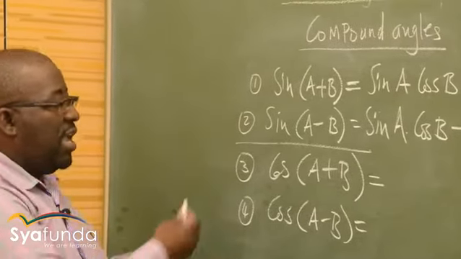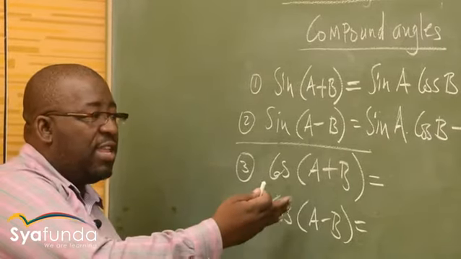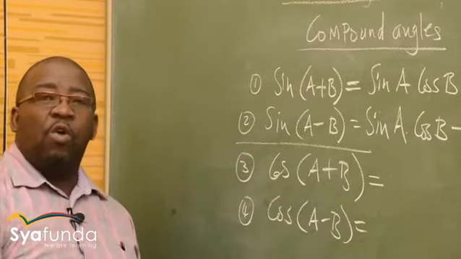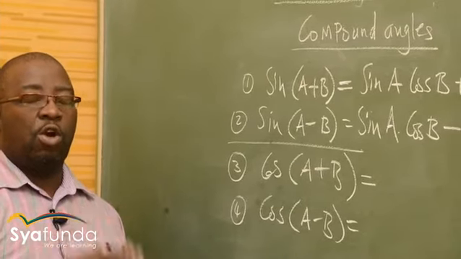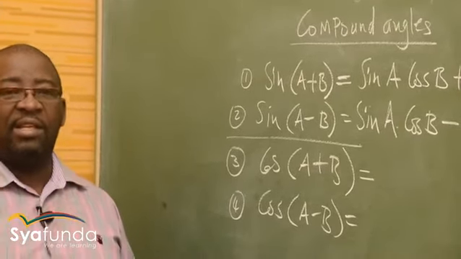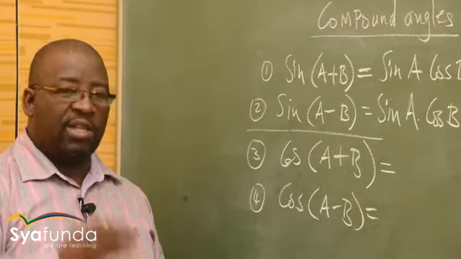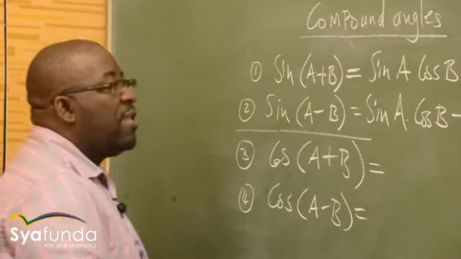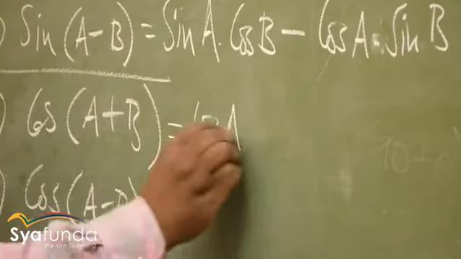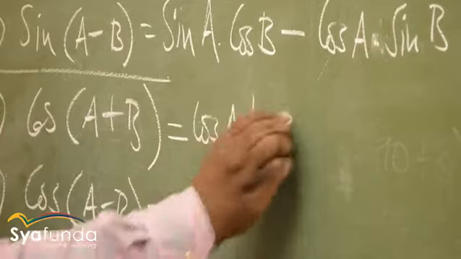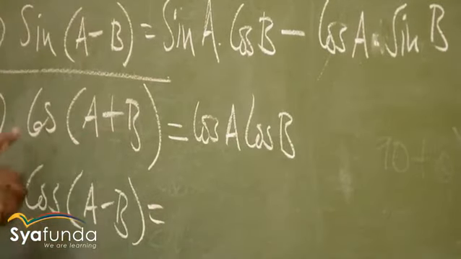Number three, if I've got cosine of A plus B, it's no longer sine now. Cosine has its own rhythm. What is the rhythm of cosine? It says cos, cos, sine, sine. Let's write it down. The angles will follow each other respectively. So this is cos A, cos B. You change the sign when it's cos.